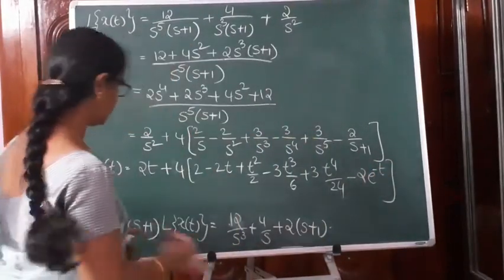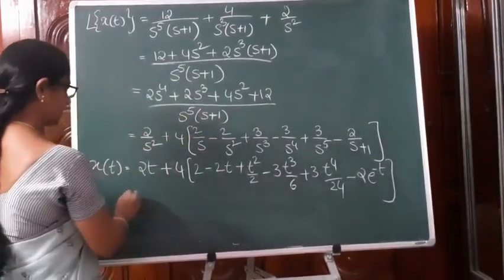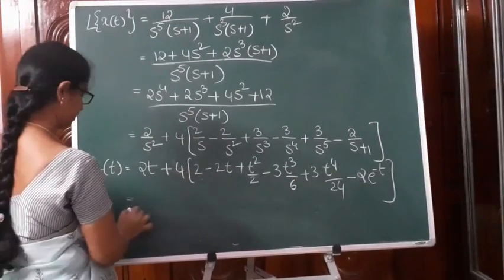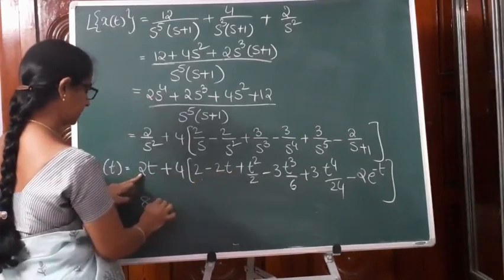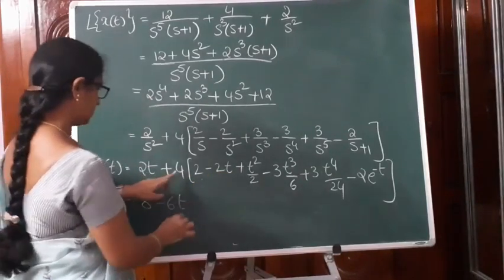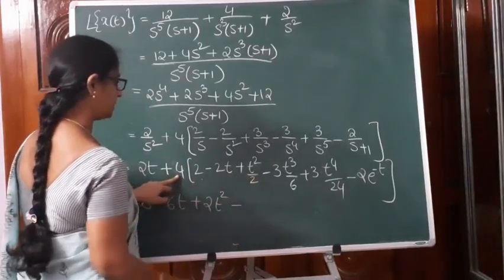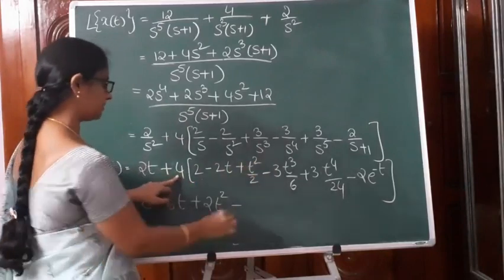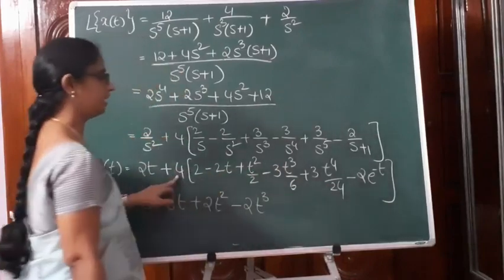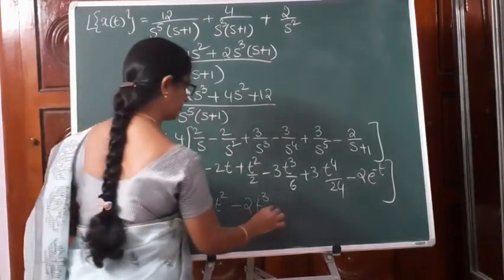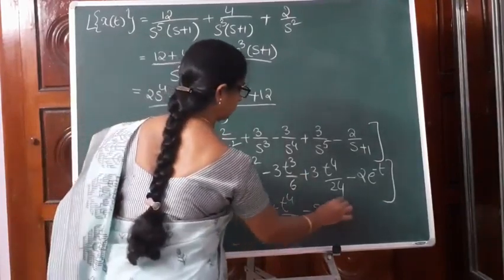Okay, so finally if we simplify this, we get x of t as this constant term 8, plus 2t and minus 8t is minus 16t, and here we have 4 into t square by 2 is 2t square, minus 4 into t cube by 2 is minus 2t cube, plus 3 by 24 is 8, 4 is 2t power 4 by 2, minus 8 into e power minus t.